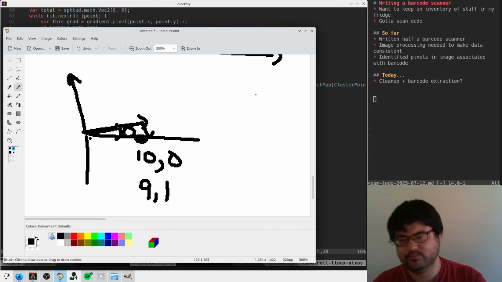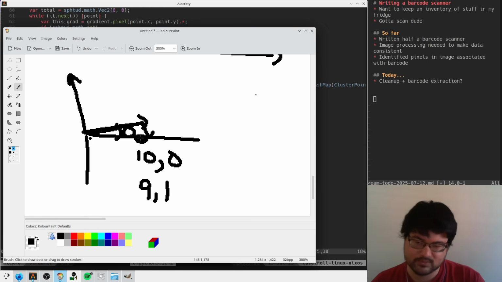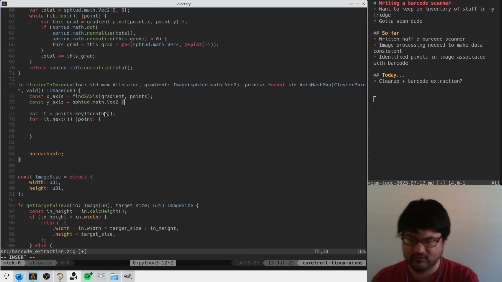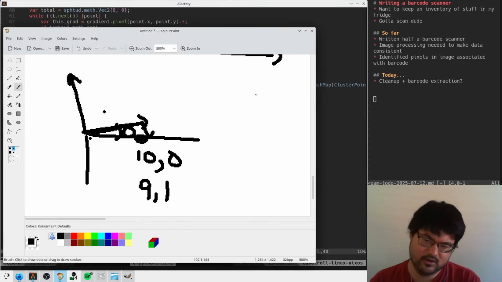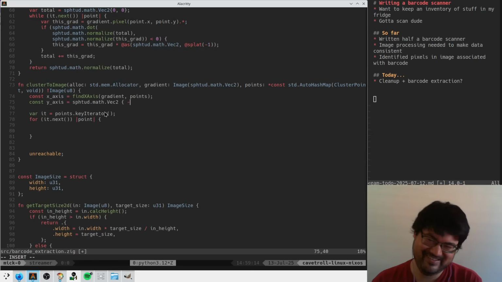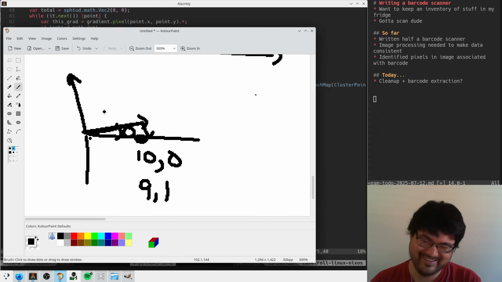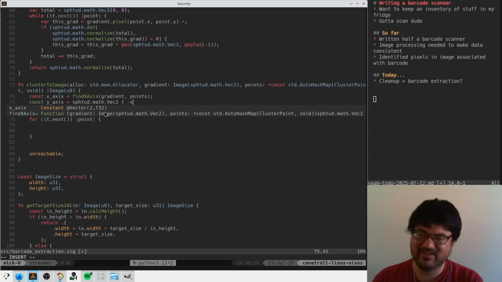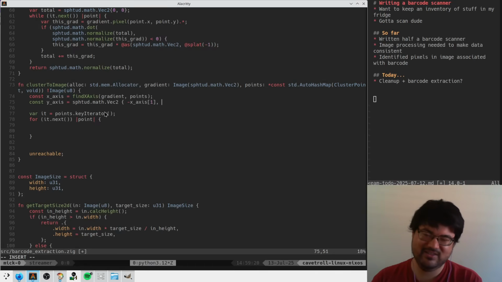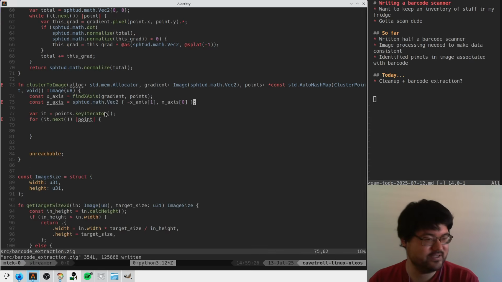So here our x is small and positive. Here our y is small and positive. Here our x is small and negative. So this is negative. Dude, my brain. Negative x-axis 1, and this is x-axis 0. Okay, here are x and y axes.